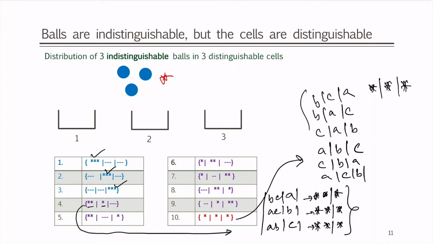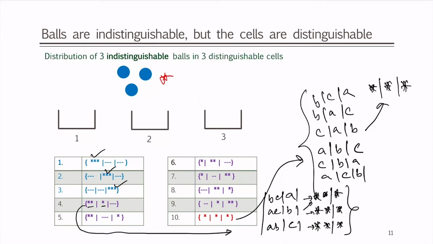The 6 possibilities collapse to only one possibility. Here 3 possibilities collapse to only one possibility.